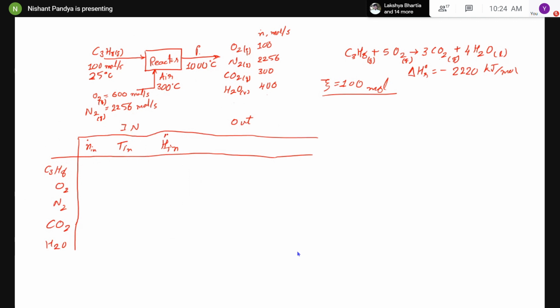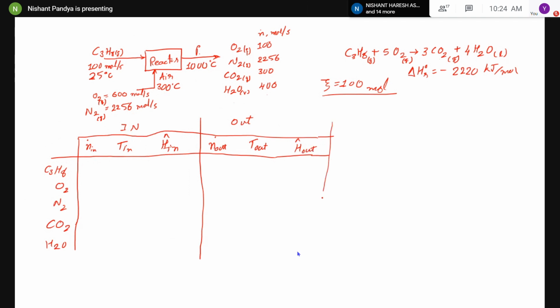The same thing for out: N out for each component, T out, and H cap out. This makes it easier to avoid any mistake. Write the temperature in this table, which they have not written in other books.